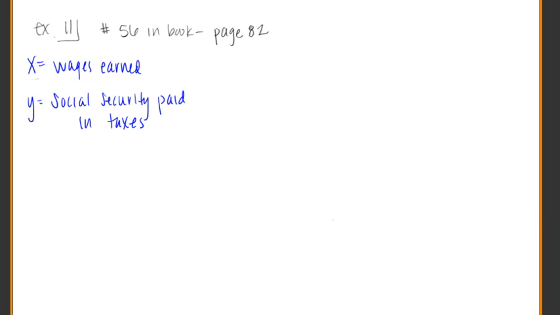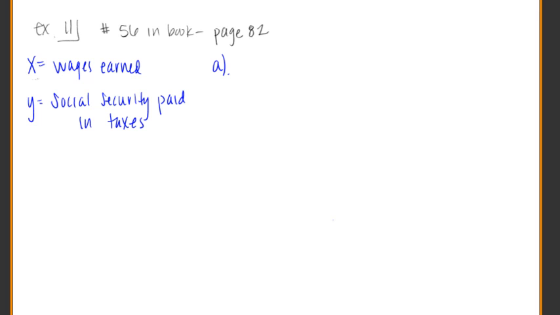Okay, so I said X is the wages earned, which they tell us, and Y is going to be however much they're paying towards Social Security taxes. So part A says we want to write an equation that expresses the relationship between the wages earned, so X, and the Social Security taxes paid, Y, by an employee who earns less than the maximum taxable wage base.